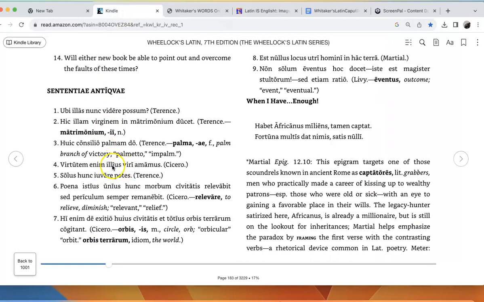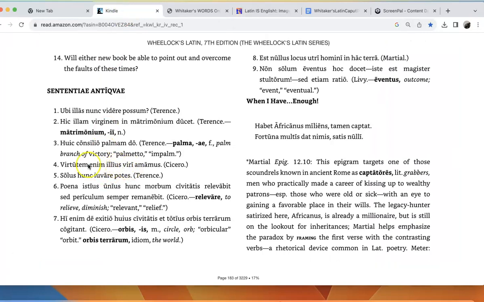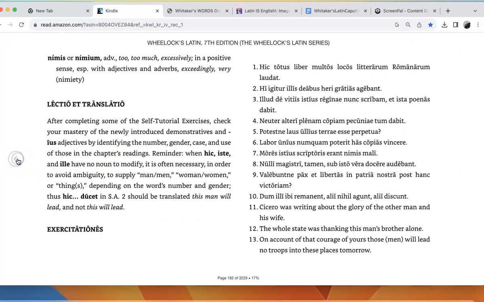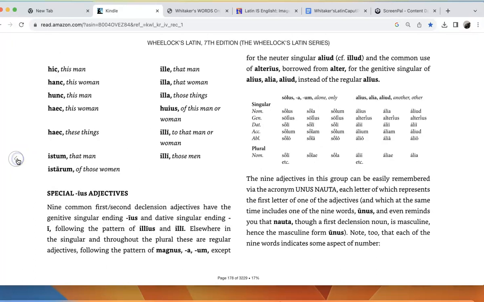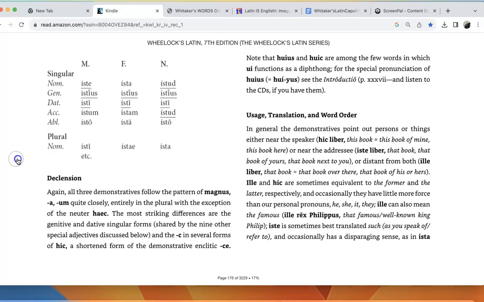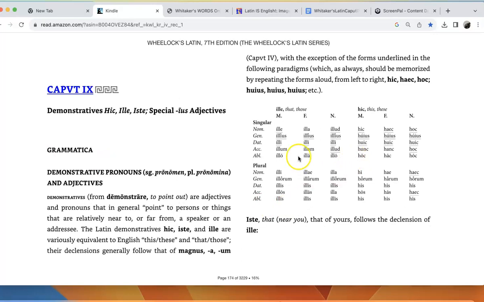And then we have the grammar in this chapter, ilios viri. So let's take a look at ilios. So we're just going to have to go back and take a look at this. Well, ilios is singular genitive. In fact, all three of them are ilios, ilios, ilios. So genitive, as you know, means of. So we just say of that, because it's singular. So of that.